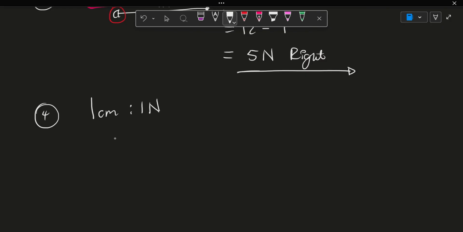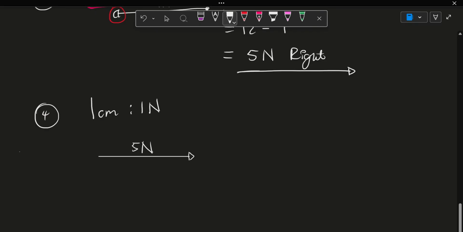So I would start here, and just to position my ruler, I would start at 0, and go all the way to 5. Okay, there we go. So that would be my 5 Newton vector. By the way, I used the ruler on this, so it's 5 Newtons to the right.